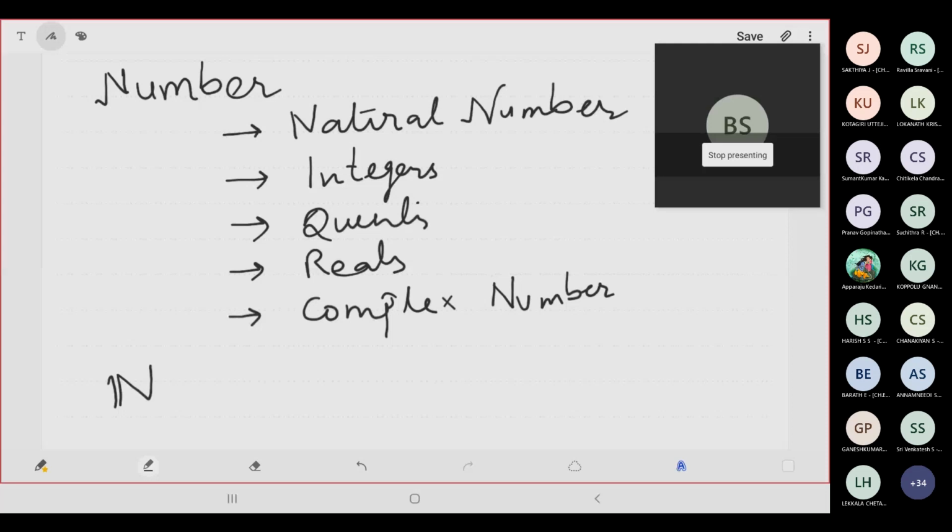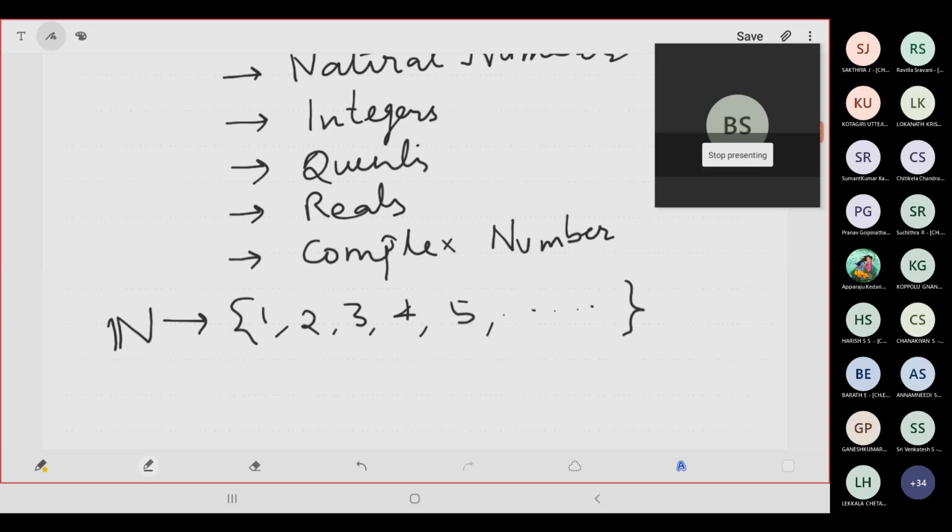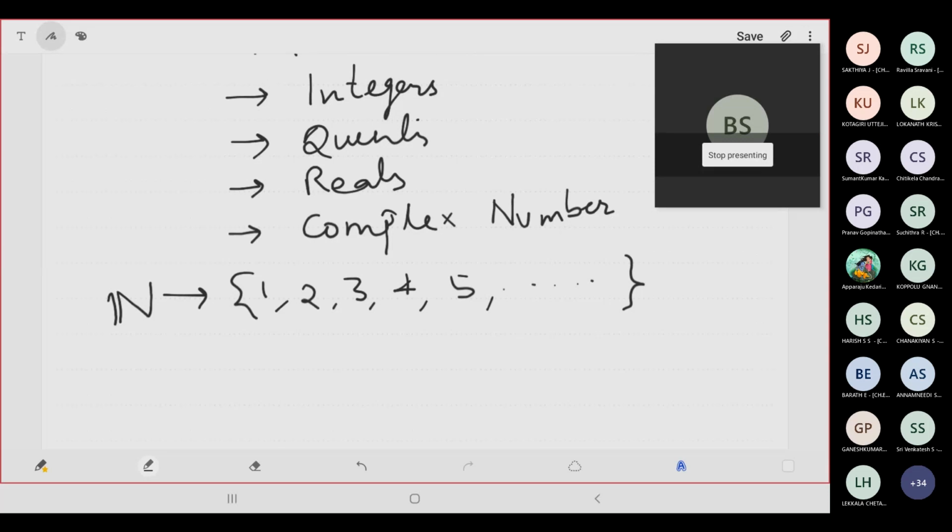Because we have already discussed above that you write sets with capital letters, but whenever you write the numbers, you follow the notation for natural numbers like that: 1, 2, 3, 4, 5, etc. So this is the set of natural numbers. Natural numbers are positive integers.